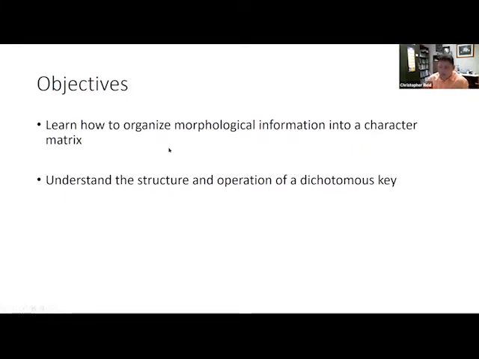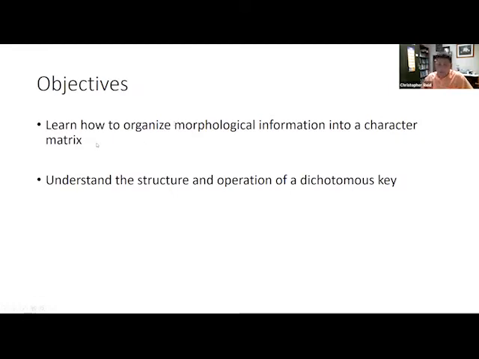So we'll learn about a character matrix, and then before we actually construct the key, I'll go over the structure. But by the end, if you weren't already familiar with dichotomous keys, I hope that you'll have a good grasp on the structure and operation of a dichotomous key. So some of you have probably used keys to various groups of organisms.